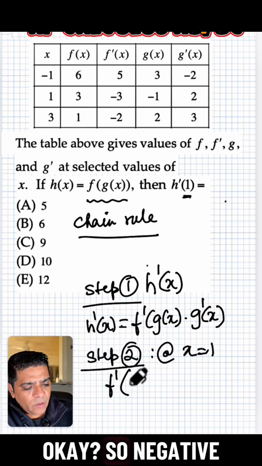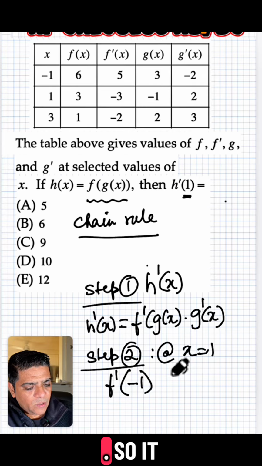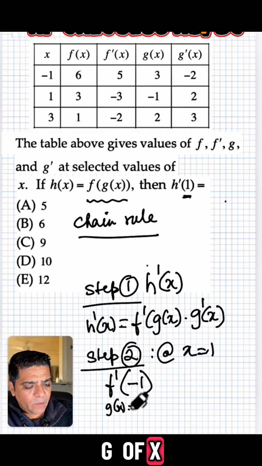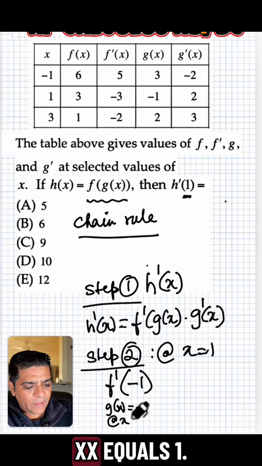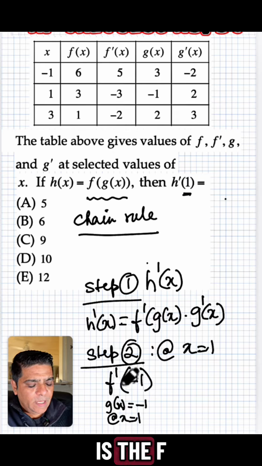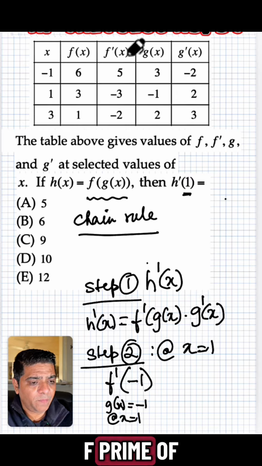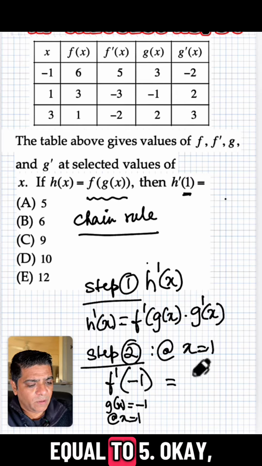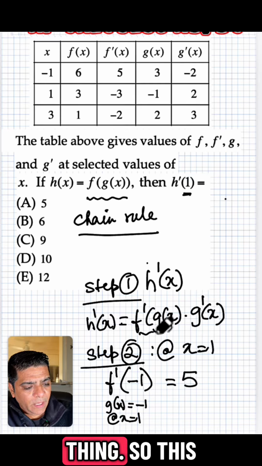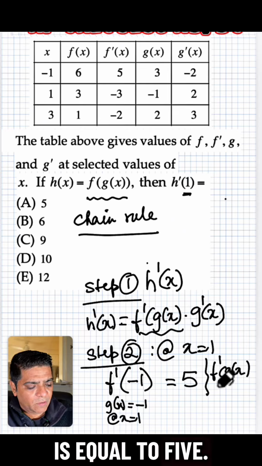So I just write here g of x equals -1 at x equals 1. And then what is f prime of -1? So let's go to -1 and find f prime of x is 5. So this whole thing, f prime of g of x, is equal to 5.